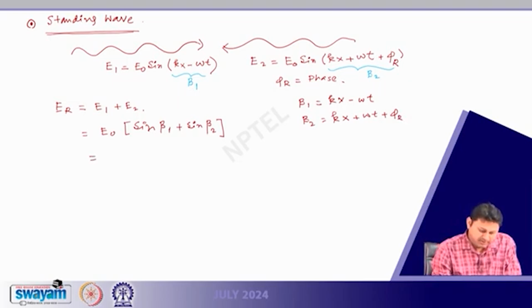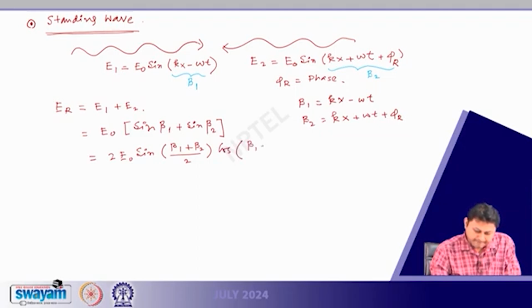So this quantity is 2E0 sine of beta 1 plus beta 2 whole divided by 2, and cos of beta 1 minus beta 2 whole divided by 2.